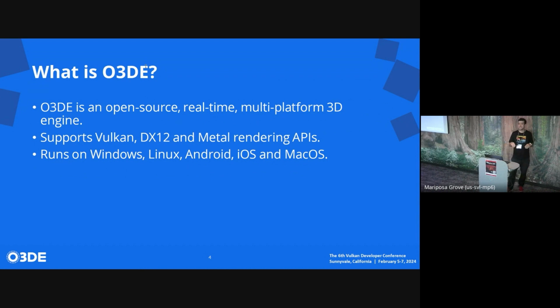You can use this as is. Basically, you go and download it and start using it, or you can modify it in any way you want. But if you do something cool, we encourage people to contribute back to the repository. It supports multiple rendering APIs, Vulkan, of course, also DX12 and Metal, and it runs in multiple platforms, Linux, Windows, iOS, macOS, and Android.